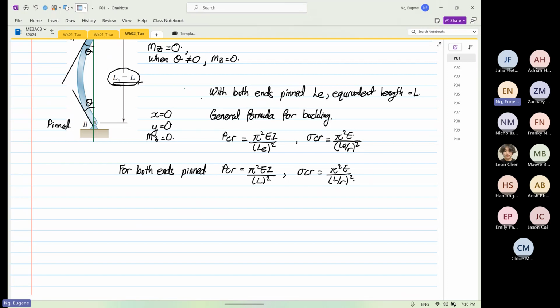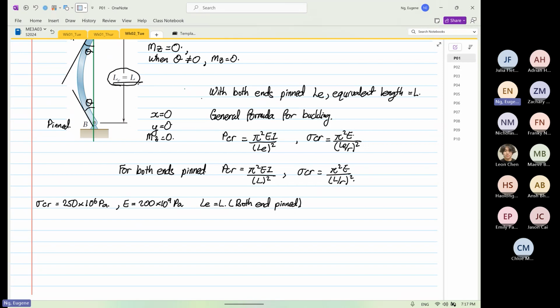So remember last week, I highlighted that if we have a critical stress equal to 250 times 10 to the power 6 Pascal, and a Young's modulus equal to 200 times 10 to the power 9 Pascal, and for this case, our LE is equal to L, because we have both ends pinned.